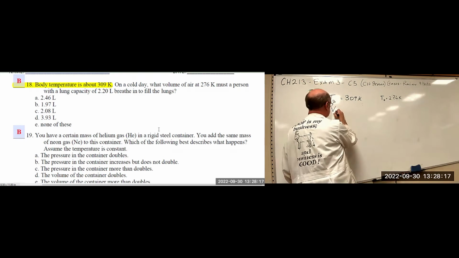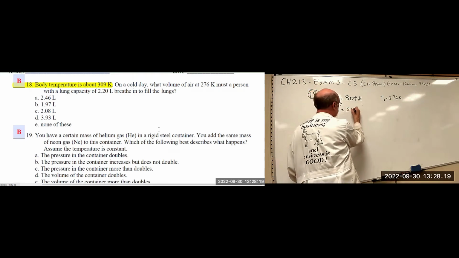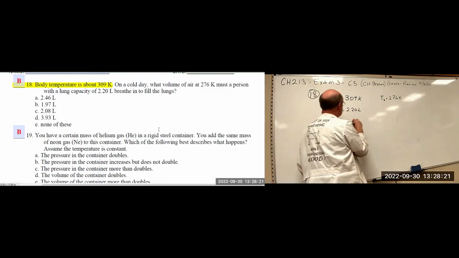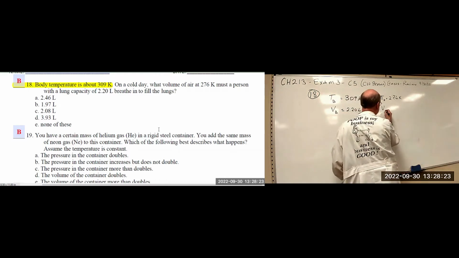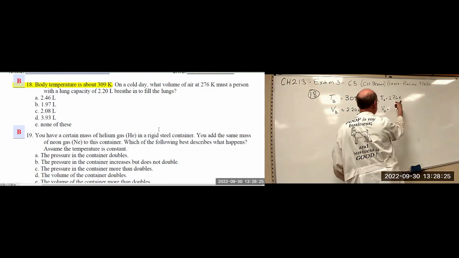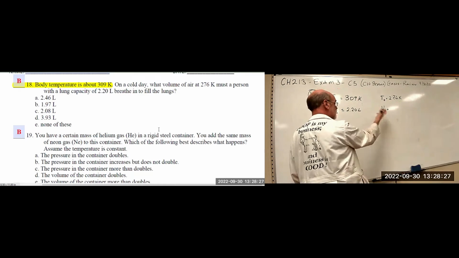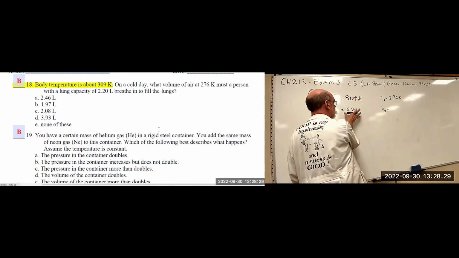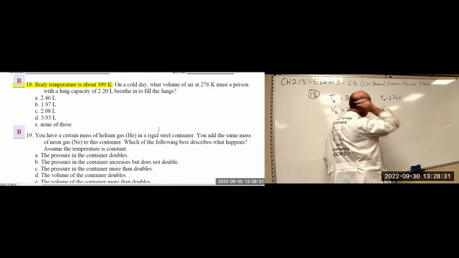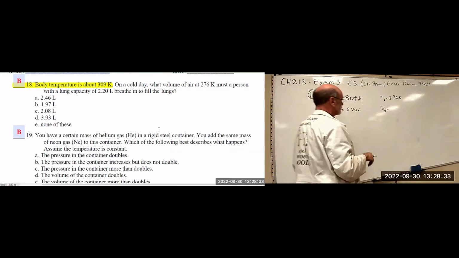Volume inside the body is 2.20 liters. It wants to know what volume of air at that temperature has to be drawn in, and as it's drawn in, it's heated to this temperature and occupies that volume. So how much does it have to bring in?